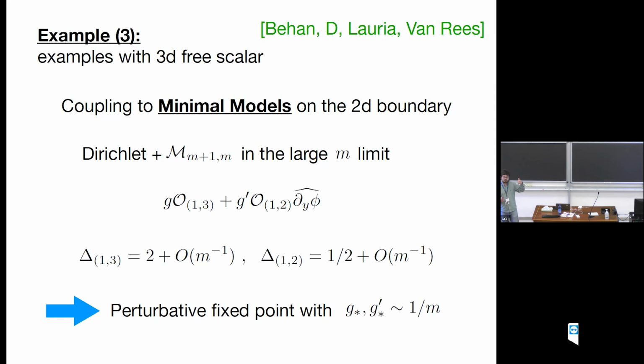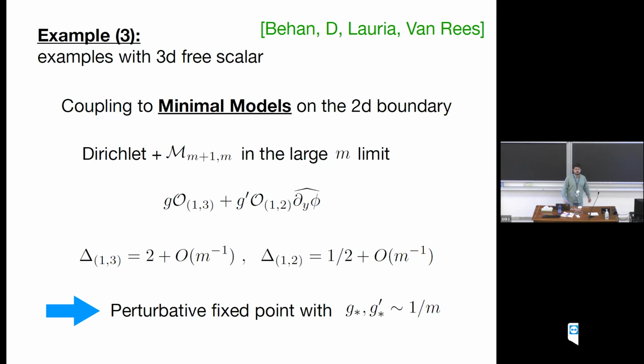So the IR dimension after this RG of this is going to be fixed to exactly 1/2. Because the scaling dimension in the bulk is not going to change. This is just fixed to be 1/2, the bulk is the free scalar, okay? So it starts with 1/2 plus a correction of order 1, and in the IR is going to be exactly 1/2 because it's fixed by the fact that it gets identified with the restriction of the scalar to the boundary.